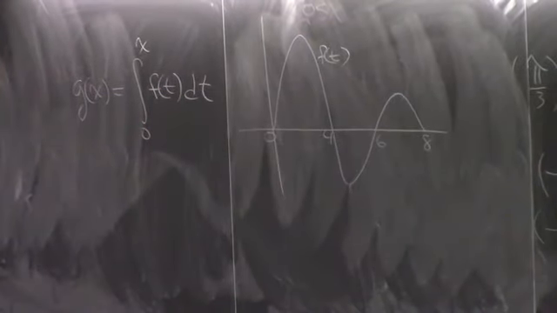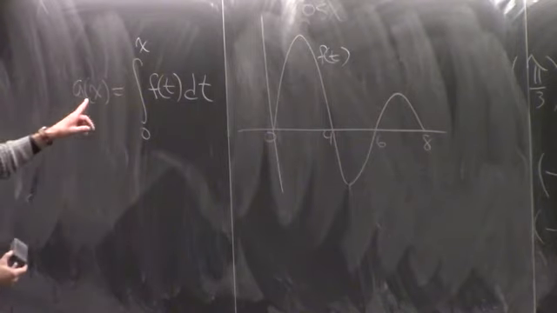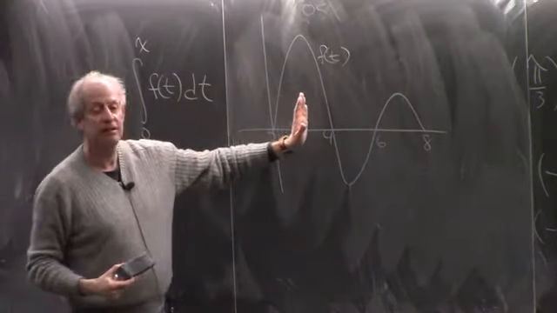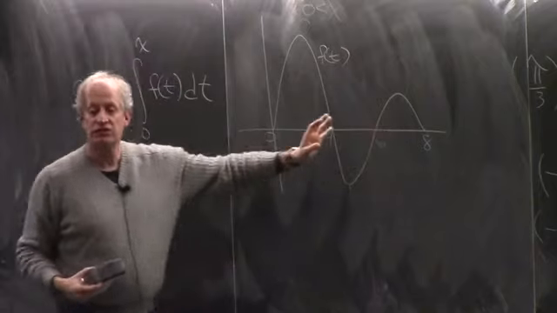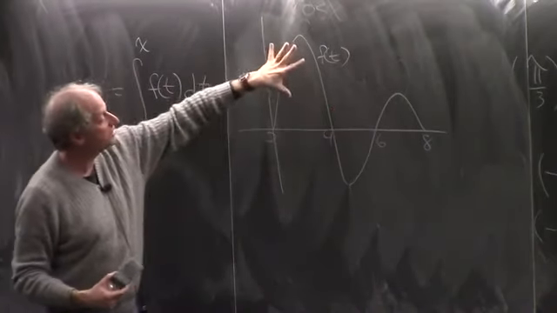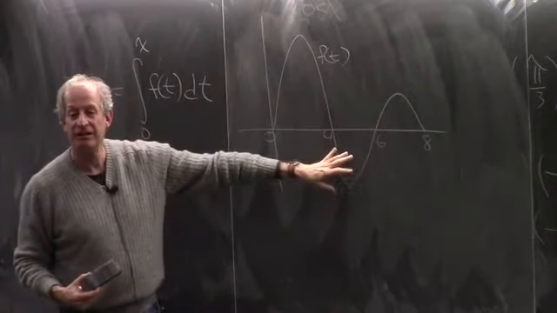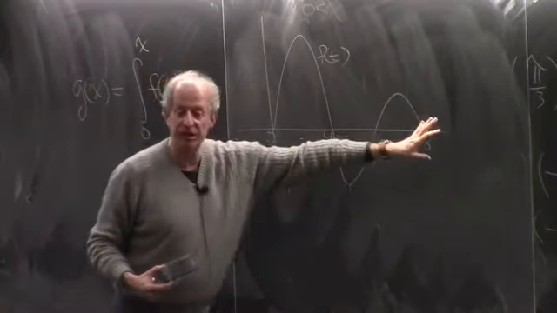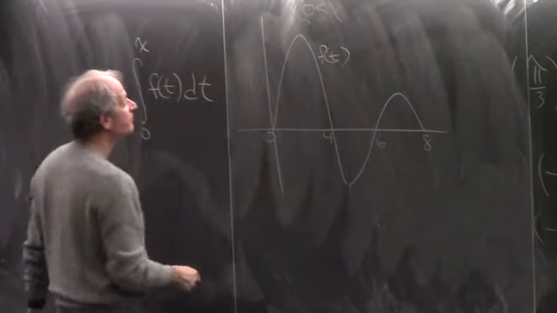So we did this last time. Remember what this means. g of x basically means the area until you get to x. So g of 4 would be the area up to 4. g of 6 would be the area up to 6, which would be this area minus that area. g of 8 would be the area from here to here, and so on.